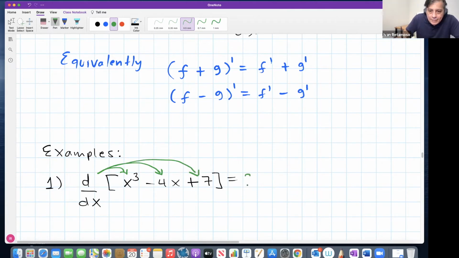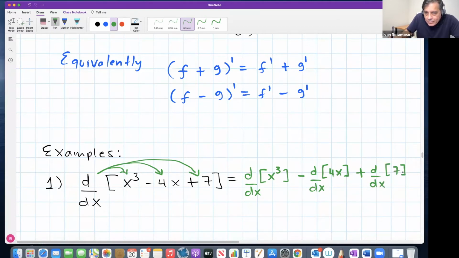So we're going to get the derivative with respect to x of x cubed minus the derivative with respect to x of 4 times x plus the derivative with respect to x of the constant function 7.